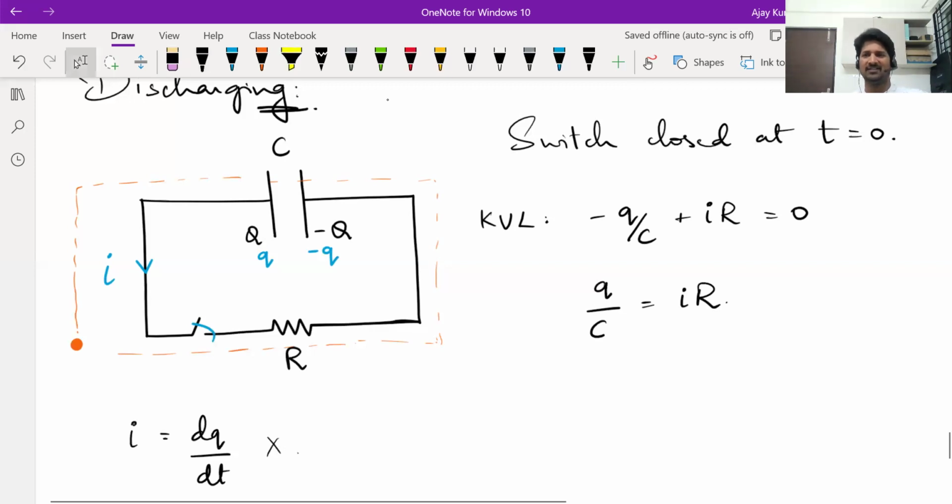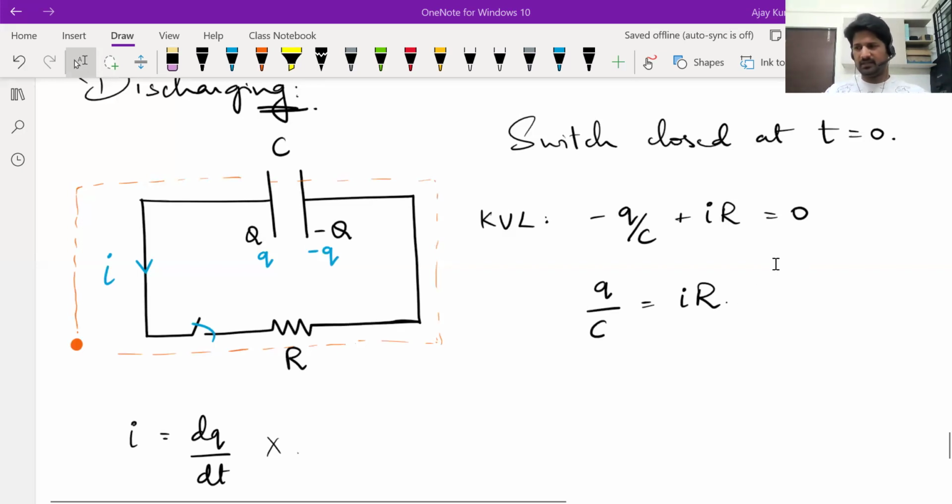What logic did you use? Is it from the definition of current or is it some other idea that you used? Yes, sir. Like from the definition.